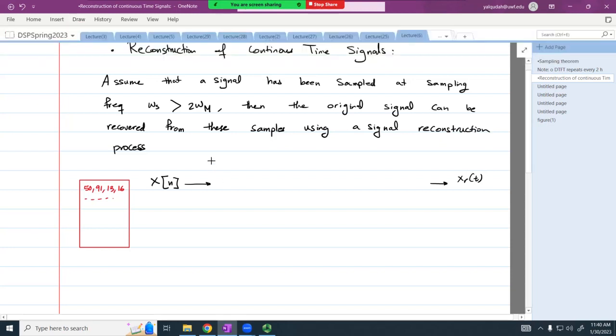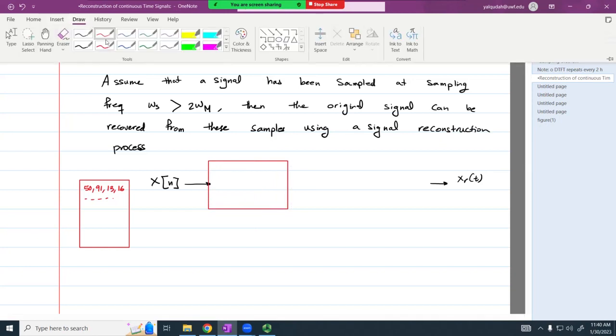Okay, so this is the process, and see if you agree. We're going to go through 2 steps.